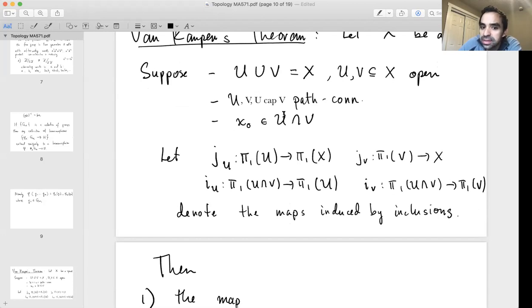That's why I fix x0 here, but I'm omitting it in this notation for simplicity. So j_U is induced by the inclusion from U to X, and j_V is induced by the inclusion from V to X.